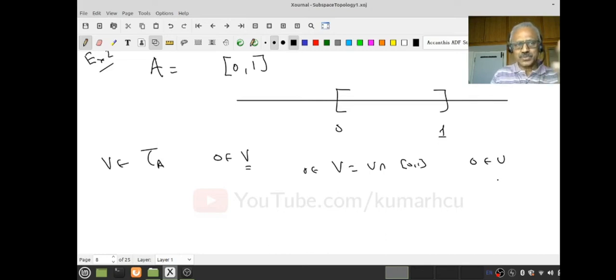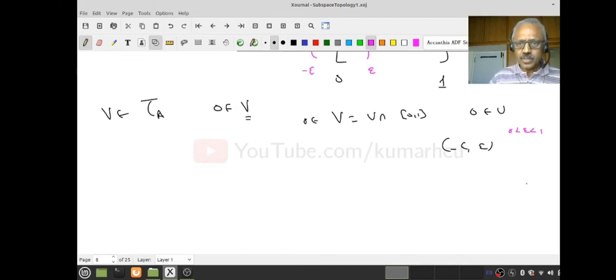Therefore, what are the simplest open sets which contain 0 in the usual topology? They are of the form minus epsilon to plus epsilon. Do you understand? I am just taking epsilon to be less than 1. It may be greater also, but just for fun I am taking this. Okay. Therefore, if I take U equal to minus epsilon to plus epsilon, then U intersection [0, 1) is [0, epsilon). Here it's open.